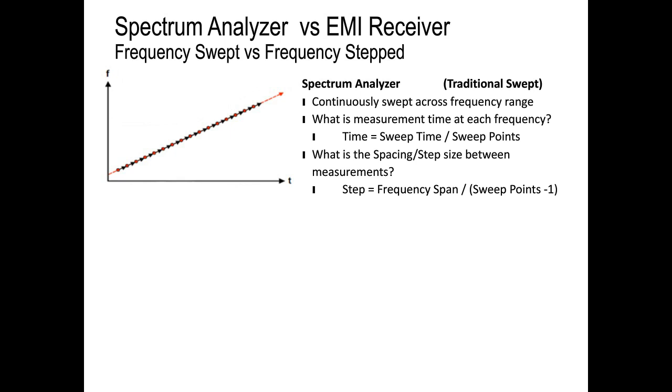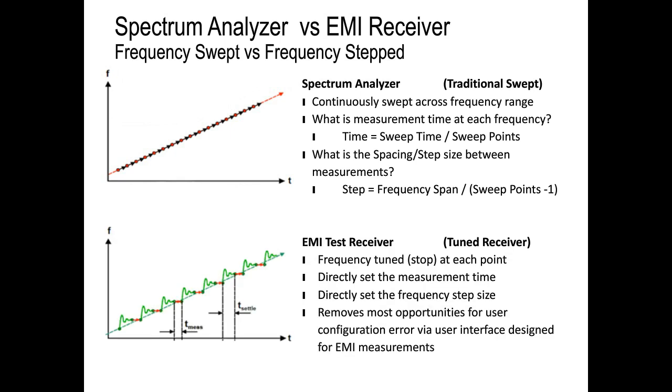Now, if you go to a receiver, it's what I will refer to as frequency stepped. So you are stepping to a frequency, you are waiting for the LO to settle, you're dwelling for the measurement time, making the measurement, and now you step to the next frequency and repeat. So the nice thing about this is you directly set that measurement time. You don't have to calculate the measurement time from the sweep time divided by the number of points.